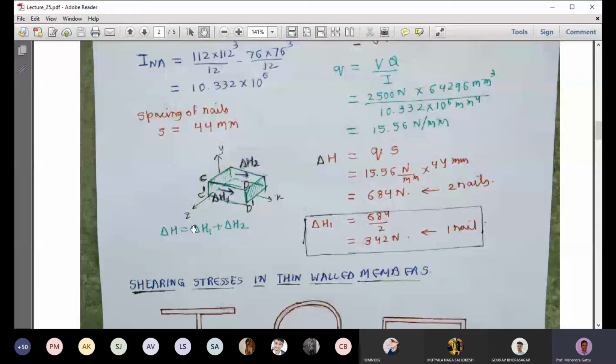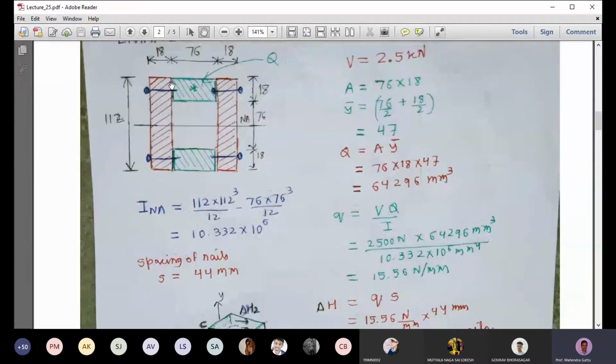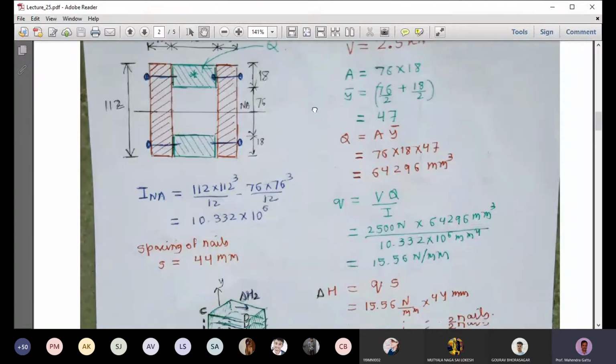Total delta H will be delta H1 plus delta H2, and since it is a symmetric section, delta H1 equals delta H2. So the shear taken by each nail is half of the calculated delta H, which is 342 Newton. This is a simple example where we are finding the horizontal shear for a vertical section.